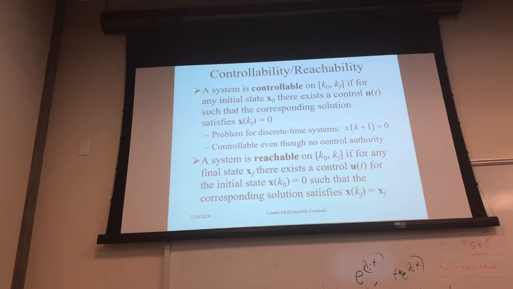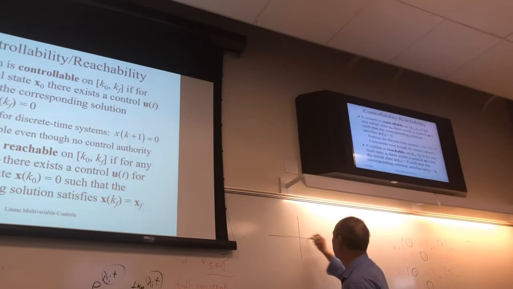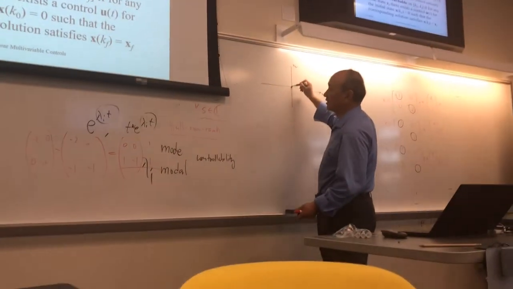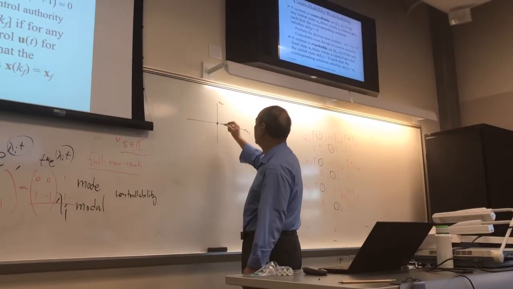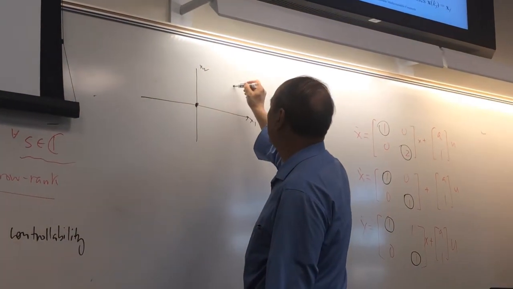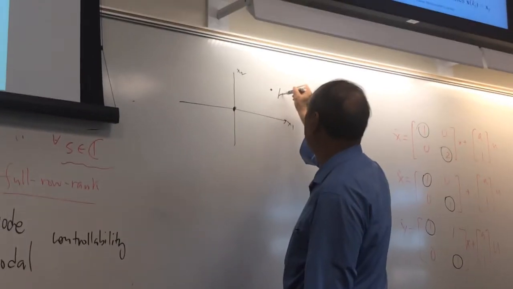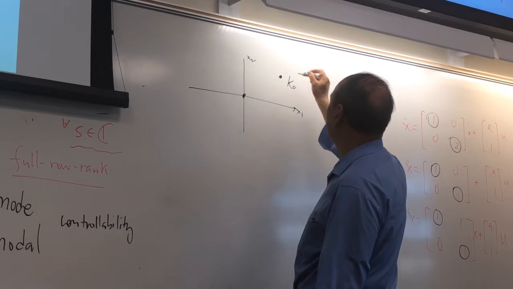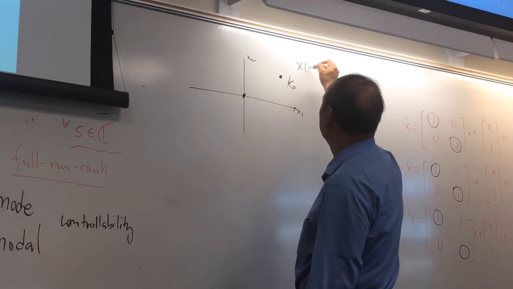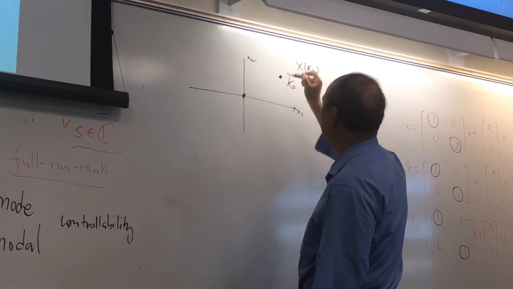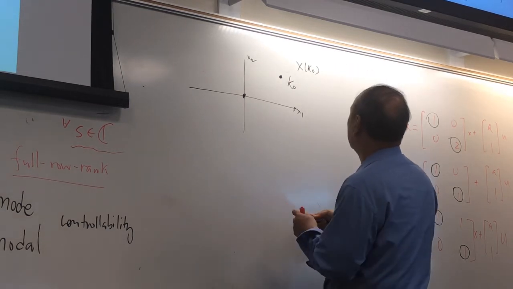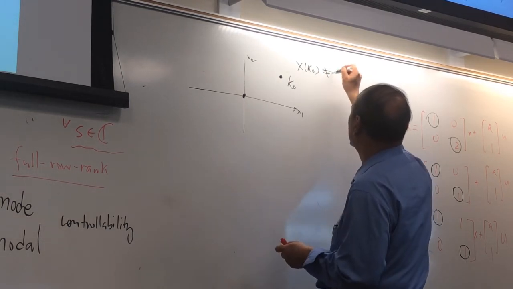Okay. So in the 2D system, x1, x2. This is the origin. Supposedly you have a T0, you have K0, you are here. Then you have an x(K0) already here. It may not be 0.